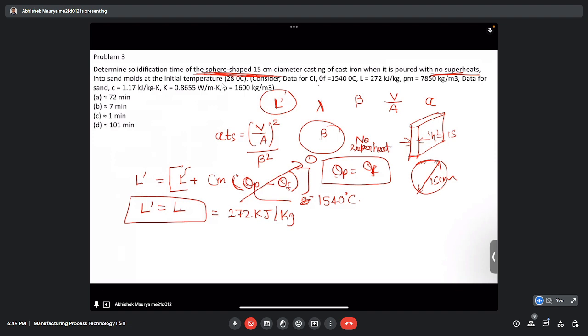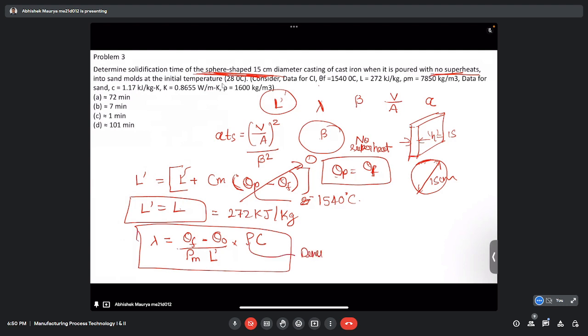The next step is to calculate lambda. Lambda was the freezing temperature minus the ambient temperature, divided by the density of the metal times L dash, multiplied by the density of the mold material and the heat capacity of the mold material.